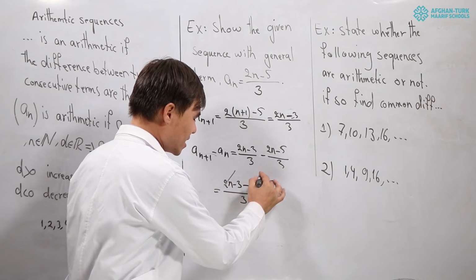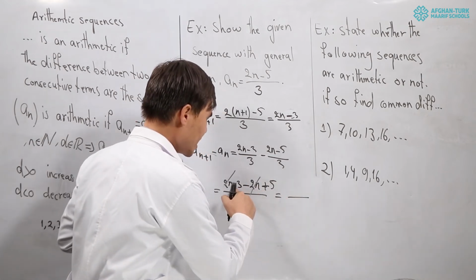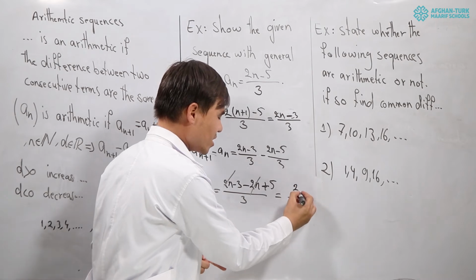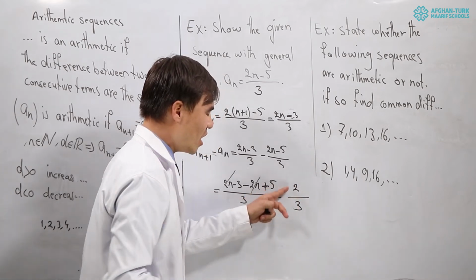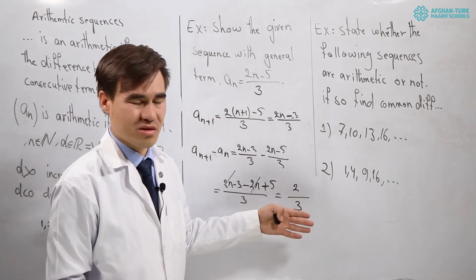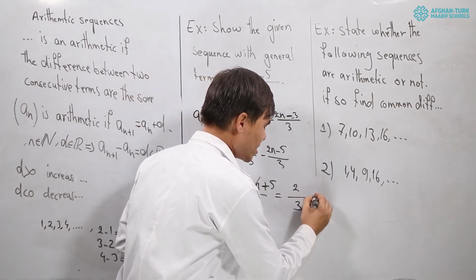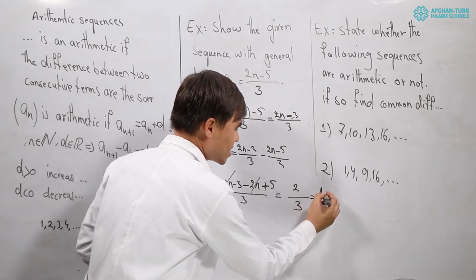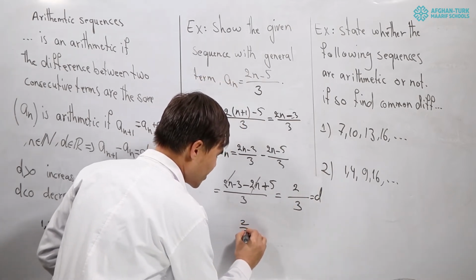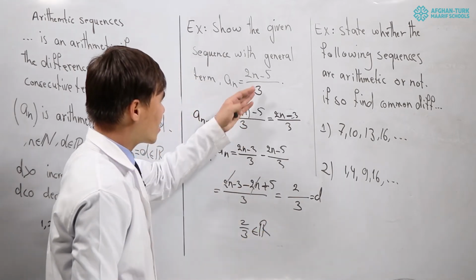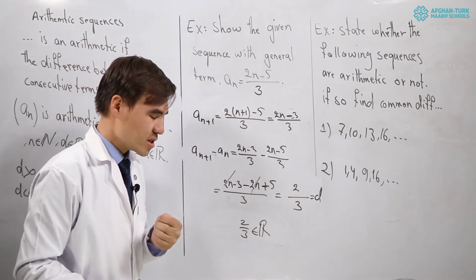Negative 3 plus 5 is 2, so we get 2 over 3. 2 over 3 is a quotient number, which is a real number. This is equal to the common difference, and since 2 over 3 is a real number, this is an arithmetic sequence.